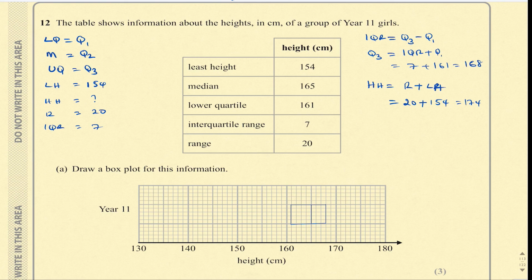So 174 is here. So I just joined my line there. And my lowest height is 154, which is here. And I just join my line. So that's my box plot.